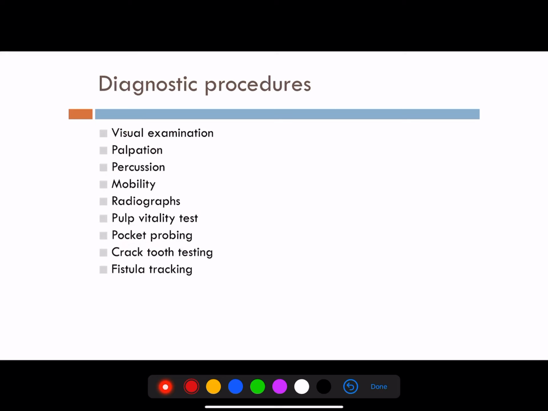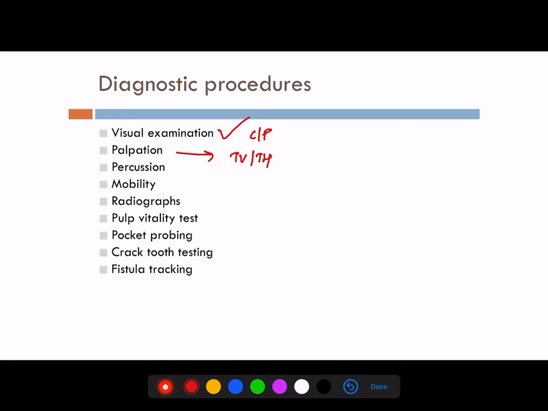So what are the different things that are used for this particular diagnosis? Diagnosis is very important. One is visual examination, that is clinical photographs, and the second one is palpation. Is it tender on vertical or tender on horizontal? You have to see both.